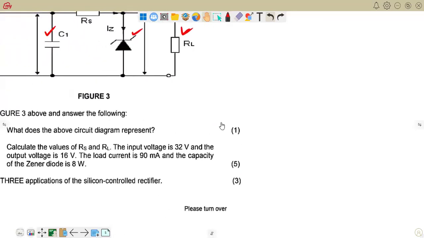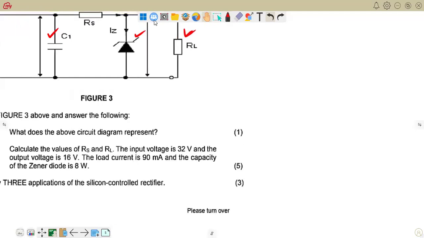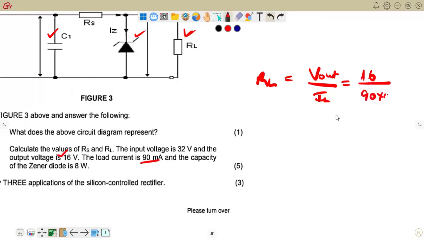The load current we have been given, so we can use that to calculate RL and the output voltage. RL is equal to V out over IL, the load current. So it's 10 to the power of -3, which gives 8 ohms. So we have the load resistance RL, right?